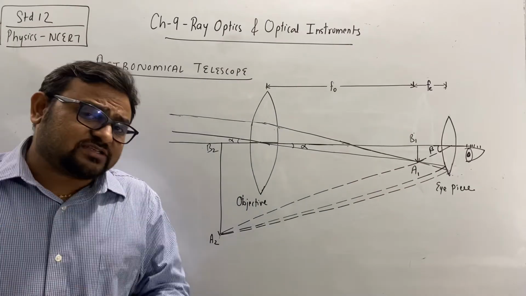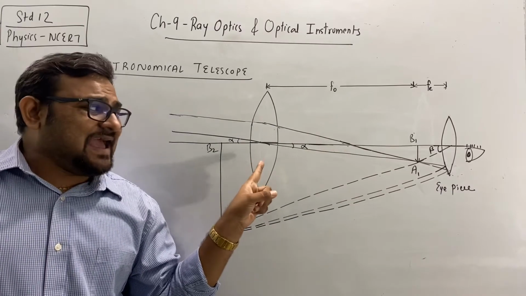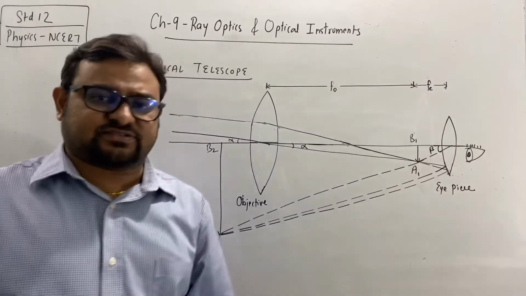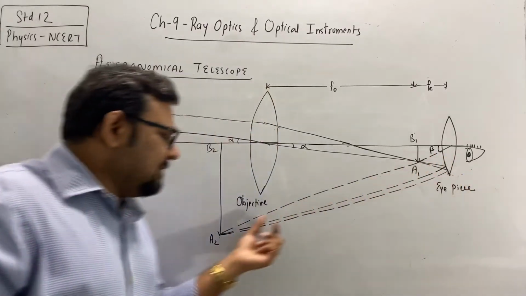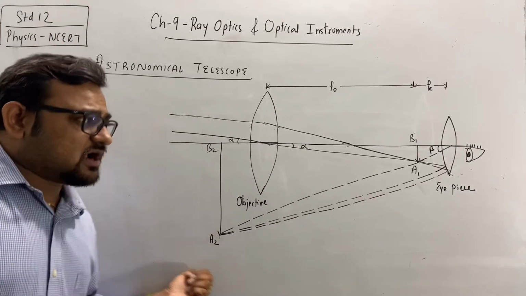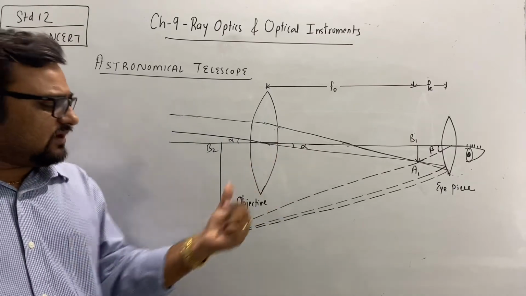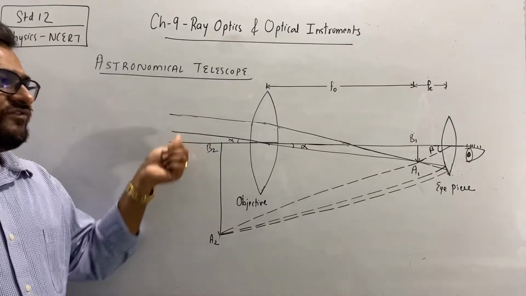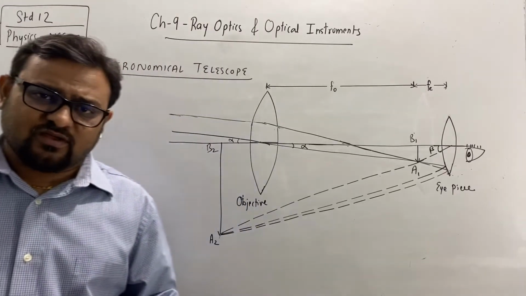Now this image formed by the objective lens acts as an object for the eyepiece, and the eyepiece obtains a magnified image compared to A dash B dash, that is, sorry, A1 B1, and it will be A2 B2. You can see here the highly magnified image. So this is the working of the telescope, right?